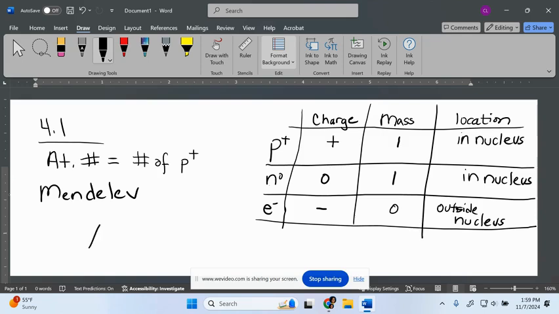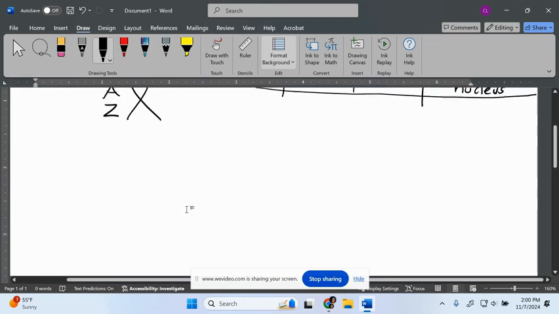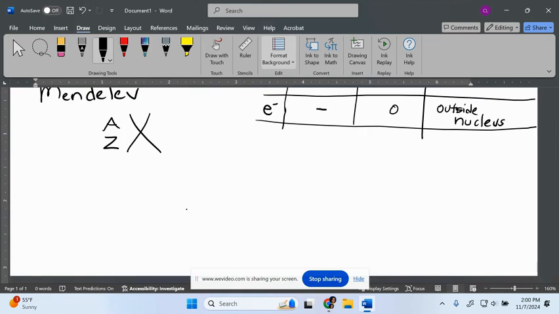We also had this notation on there: A over Z and then an X next to it. We asked you what each of these letters represented.